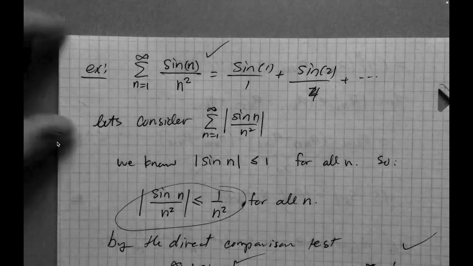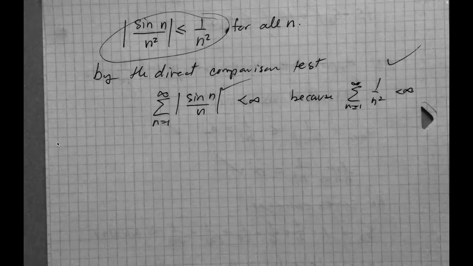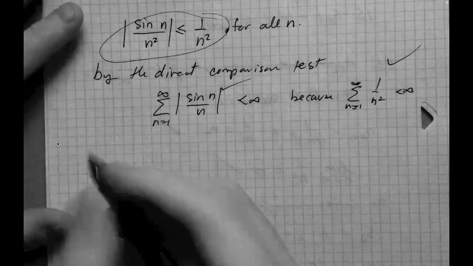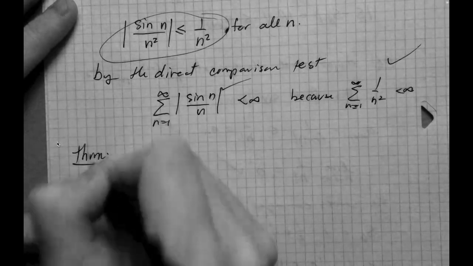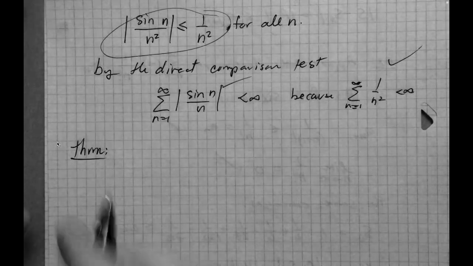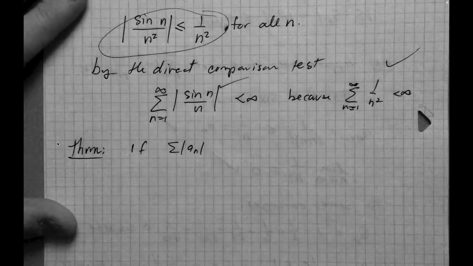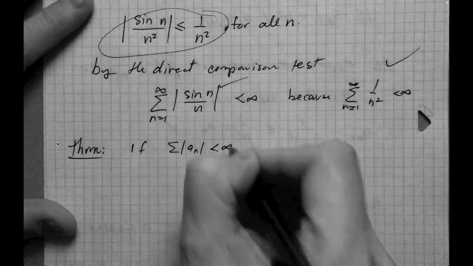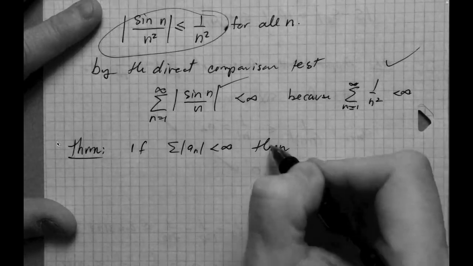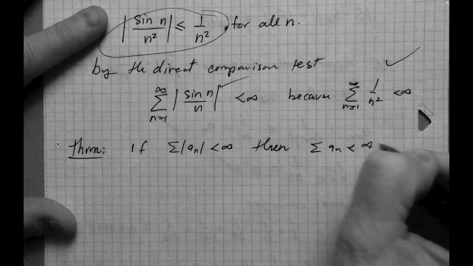So there's a theorem, and this will be the next theorem we talk about. This next theorem is going to tell us that the original series must also converge. If the absolute value converges, then the original series must converge as well. So theorem: if the sum of the absolute value of a series converges, then the series itself converges also.